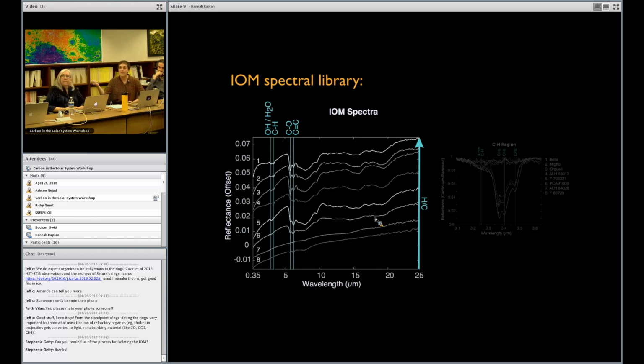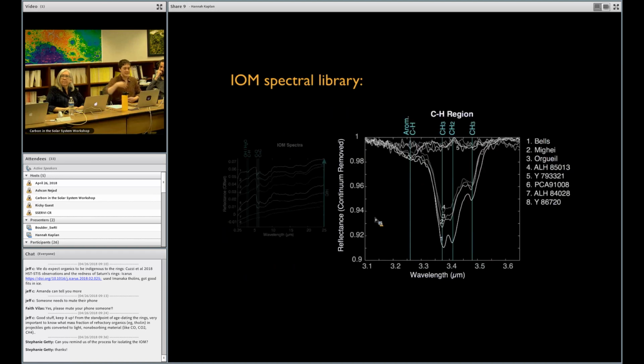So anyways, these IOM spectra, again, there are 22 of them. Here I've ordered them by H/C ratio because I think it's an interesting way to see how they change spectrally. In general, they are very dark, usually with albedos less than 3%, and they are typically quite flat, and you see more and more absorption features as you increase your hydrogen to carbon ratio.